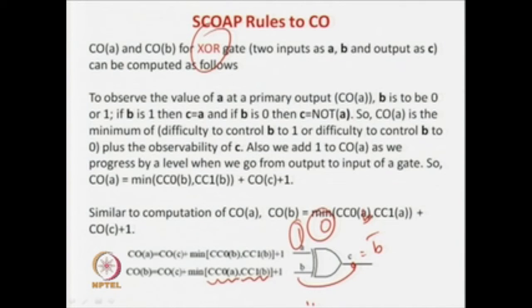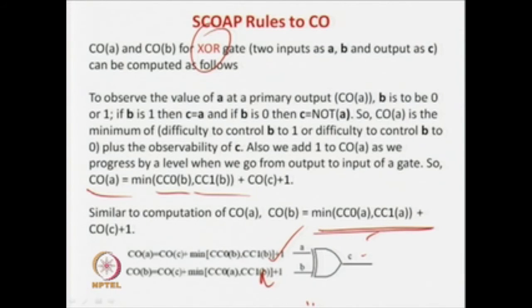Okay. So, there is a slight mistake in this figure, I will just tell you. What is written correctly over here: to control A to 0, it is minimum of CC0 of B and CC1 of B. So, this is actually proper, but in this case to control B, this has to be an A. Now, this is correct. So, this is a small typo over here, just note it. So, this will be actually this one.